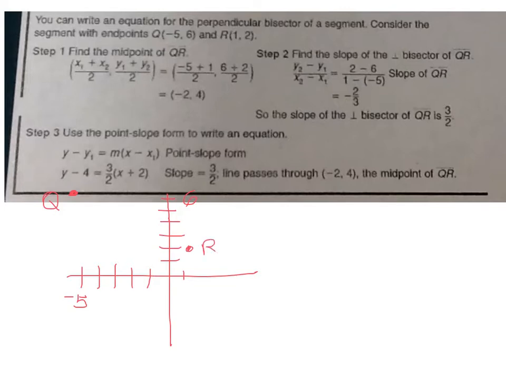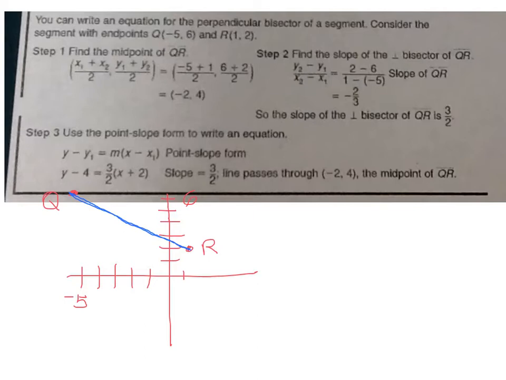This is point R. Since I want a perpendicular bisector, well, the perpendicular bisector cuts this segment in half. It's like a knife cutting this segment into two equal pieces, and it has to be perpendicular to this. So I need to know what the midpoint is, okay? The first thing you need to do is find the midpoint. So step one, find the midpoint.